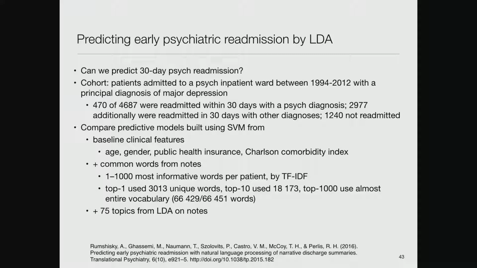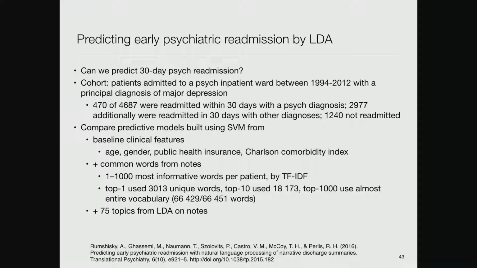So one thing this tells you right away is that if you're dealing with psychiatric patients, they come and go to the hospital frequently. And this is not good for the hospital's bottom line because of reimbursement policies of insurance companies and so on. So of the 4,700, only 1,240 were not readmitted within 30 days. So there's very frequent bounce back.